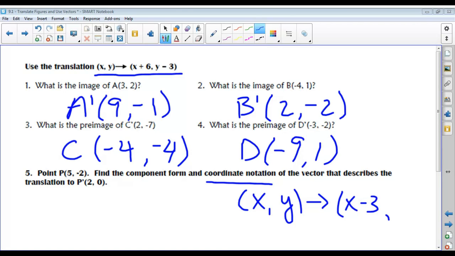And then if I started at negative 2 for the y and ended at 0, that means y had 2 added to it. The component form would just be the vector negative 3, 2. So the point travels along that vector, basically, to get to the image.